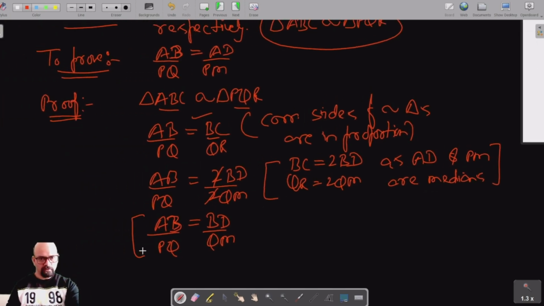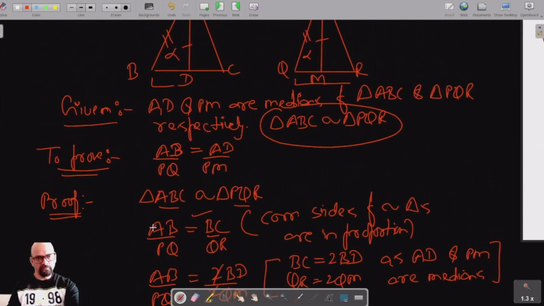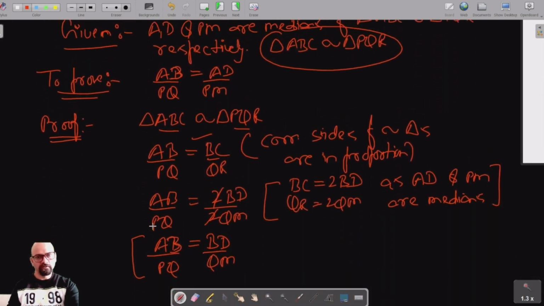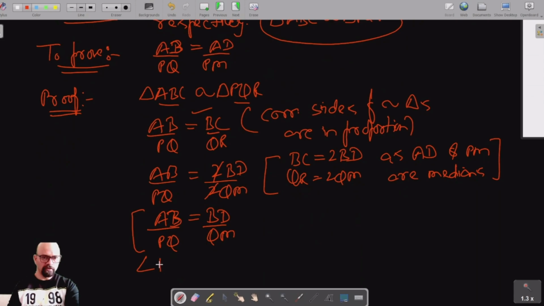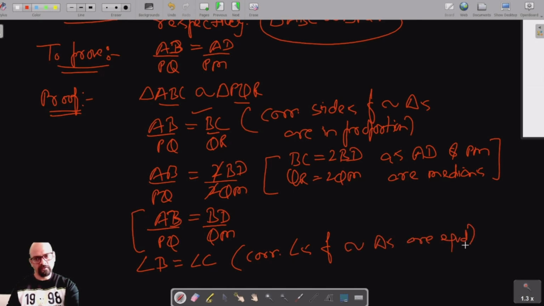Now we have got the sides in proportion, AB by PQ is equal to BD by QM, and also angle B is equal to angle Q, because these are the corresponding angles of similar triangles. Angles of similar triangles are equal.